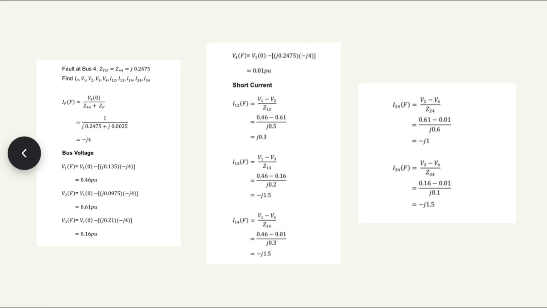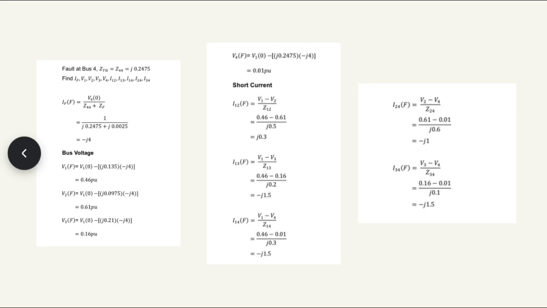So the second step is we need to find the bus voltages, which are V1 until V4. The formula of V1 until V4 is V1 equals 1 minus negative j0.135 multiplied by negative j4. So the bus voltage for bus 1 is 0.146 pu.